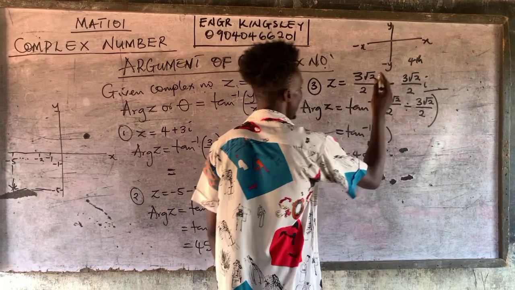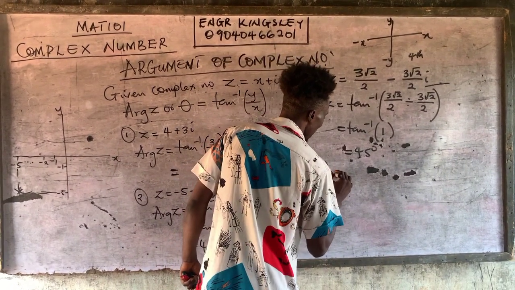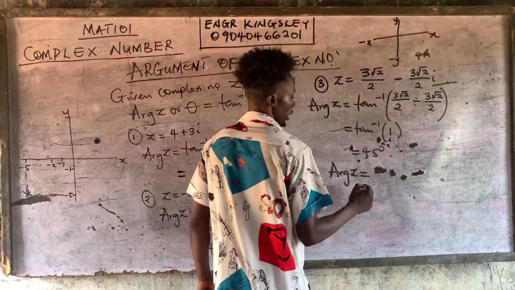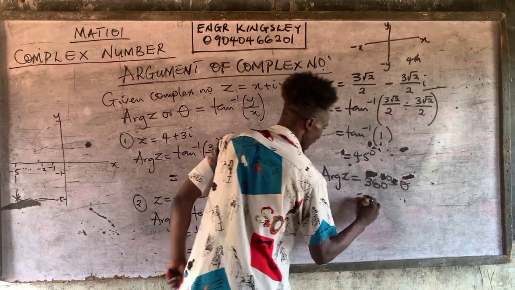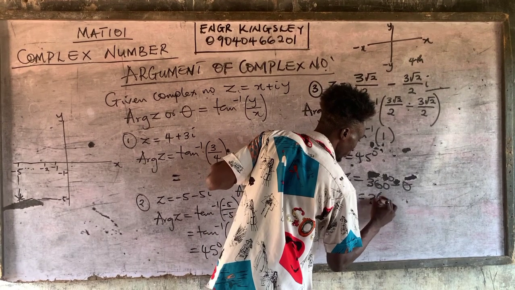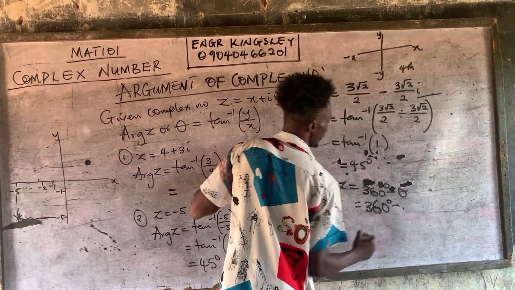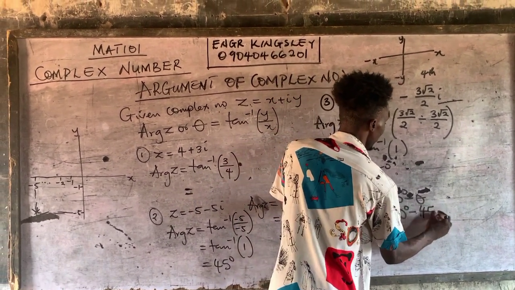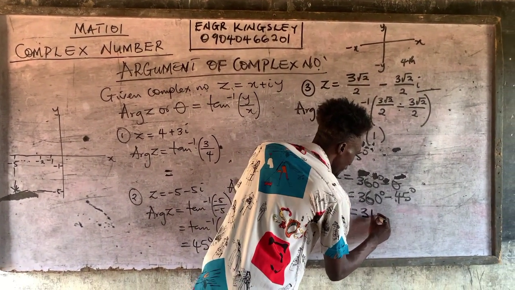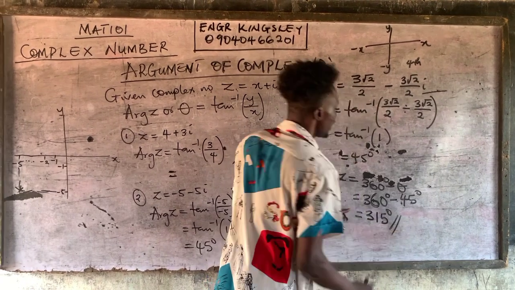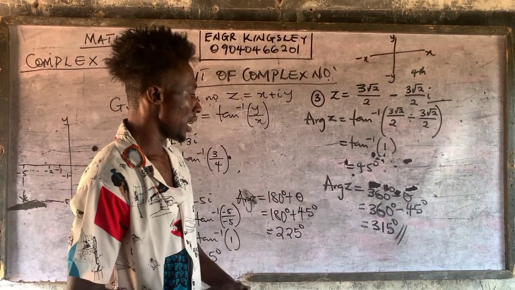The formula for calculating the argument z in the fourth quadrant is 360 degrees minus theta, where theta is 45 degrees. So we'll have 360 degrees minus 45, which gives me 315 degrees. So this is the actual z.